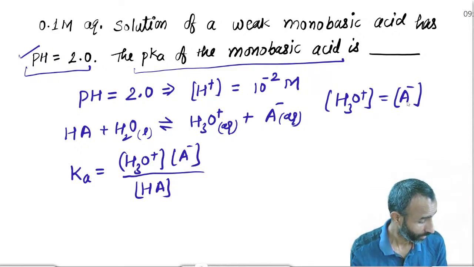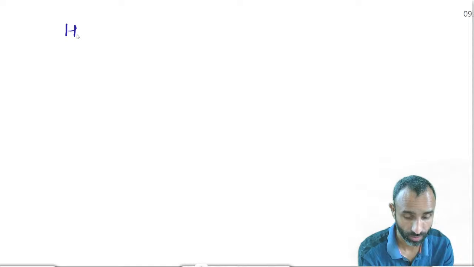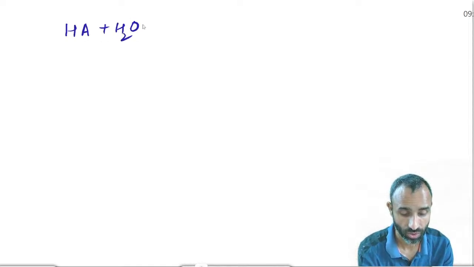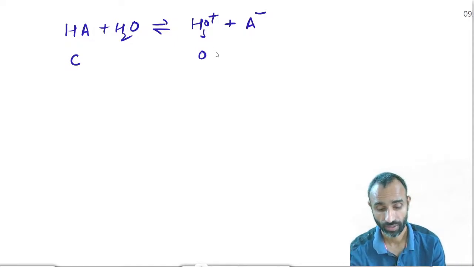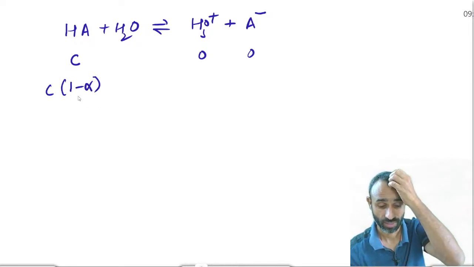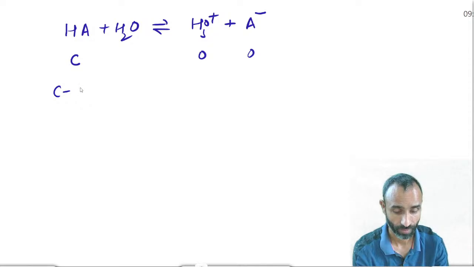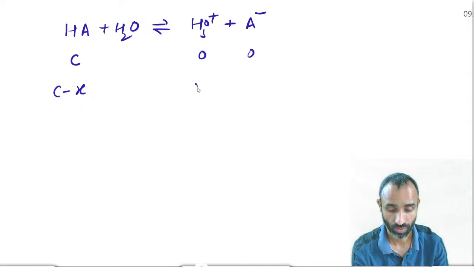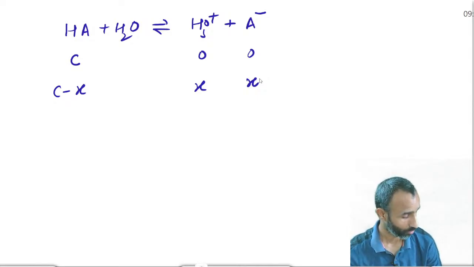Yes, actually, see, this is the relation: HA plus H2O to give H3O plus and A negative. If the concentration is C, it is 0, 0. And if alpha is the degree of dissociation, it is C minus C alpha, or we can write it simply as C minus X, and it is equal to X and X. Now solve it.